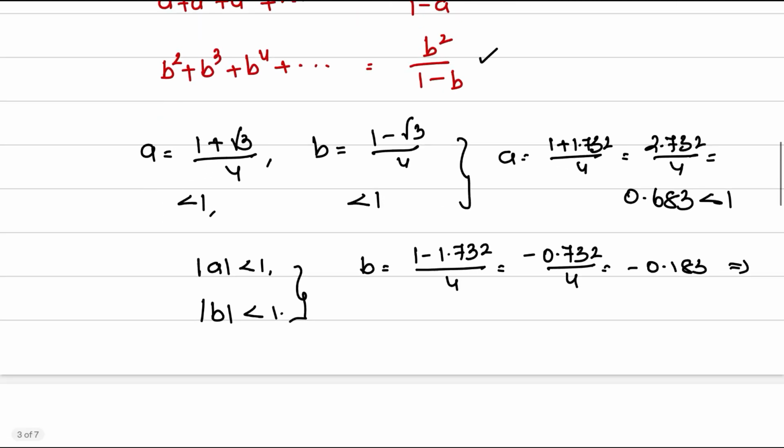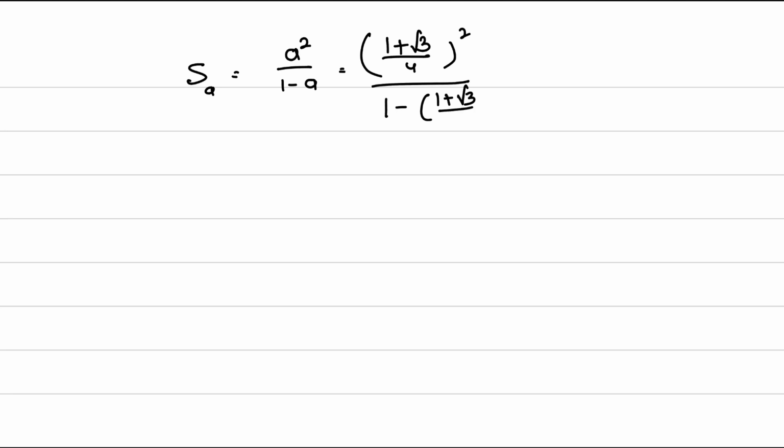Now, the sum of a's we will call SA, that is equal to a square by (1 minus a). What is the value of a? (1 plus root 3) divided by 4, whole square, divided by 1 minus (1 plus root 3) by 4.